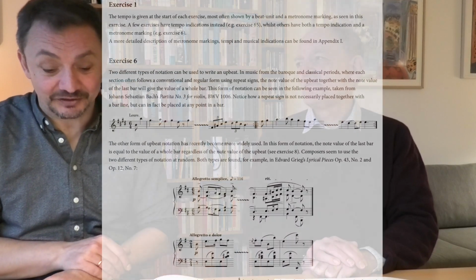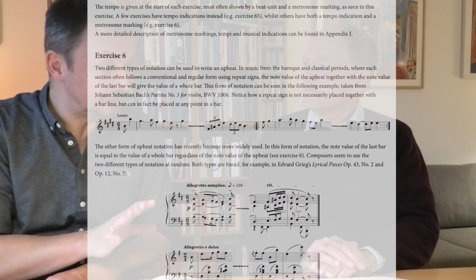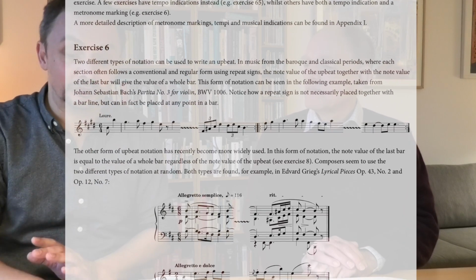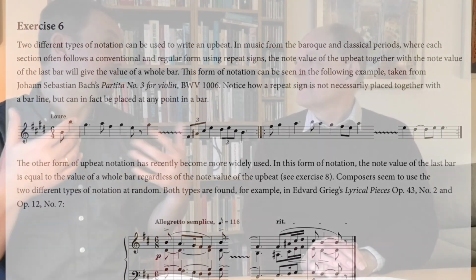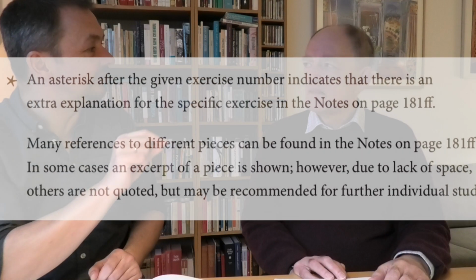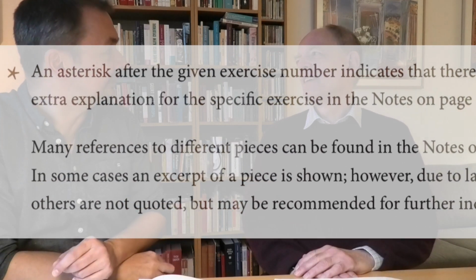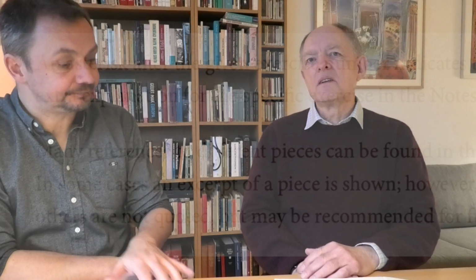And after the conducting patterns comes the note section. And for me, this has been, besides all the wonderful rhythm material, a lot of gold to be found here in the notes. A lot of information about notation, performance, how we should read and understand all the various aspects of the content here. Whenever we have an exercise and there is a little asterisk in front of the number, it refers to this part of the book where you can find additional material, or a comment or an answer to a question or whatever.